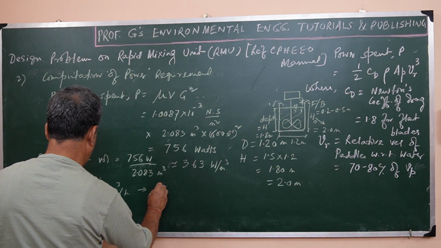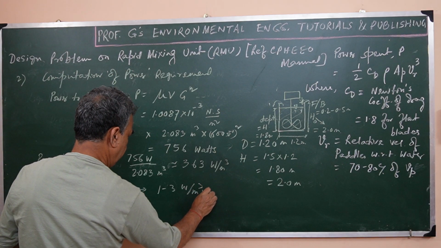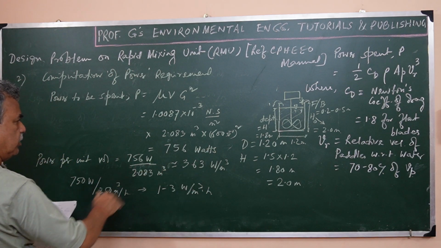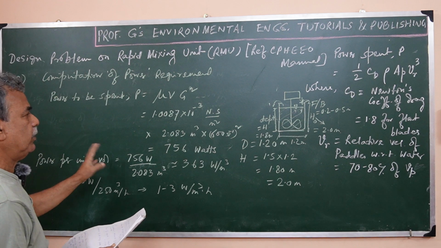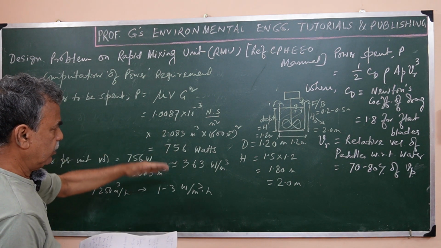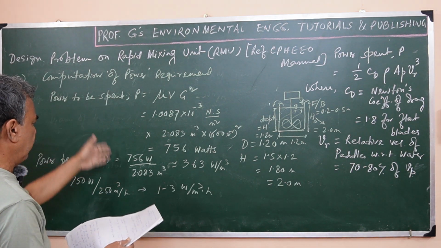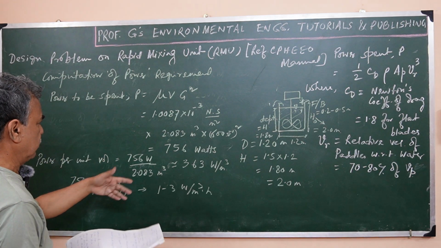This will be between 1 to 3 watt per meter cube per hour. So that is just to refer back to the earlier design criteria I discussed. So from there you can check these values.